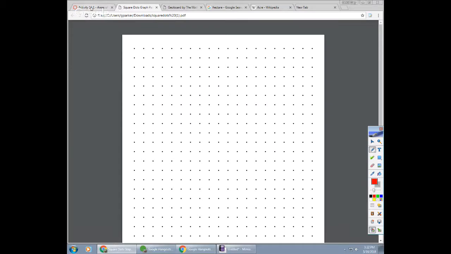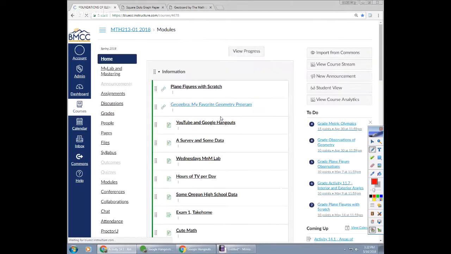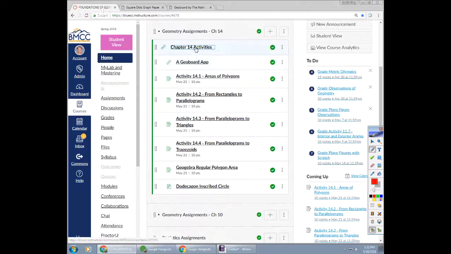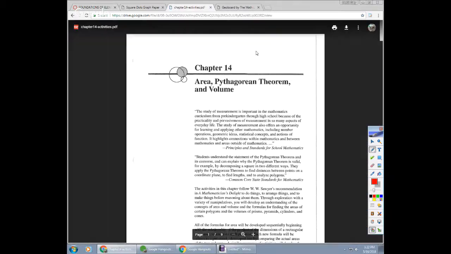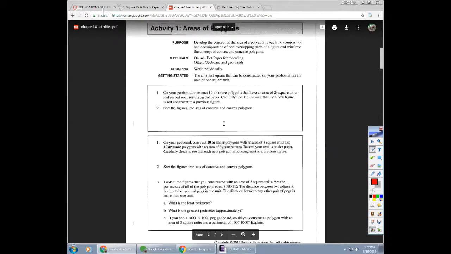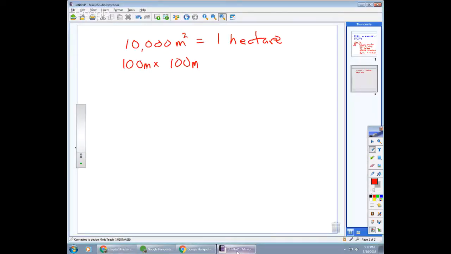So that's where you can document your work. Where it says 10 or more, we're just going to do 5 or more. So build those, document them, and then we'll talk about them a little bit more.